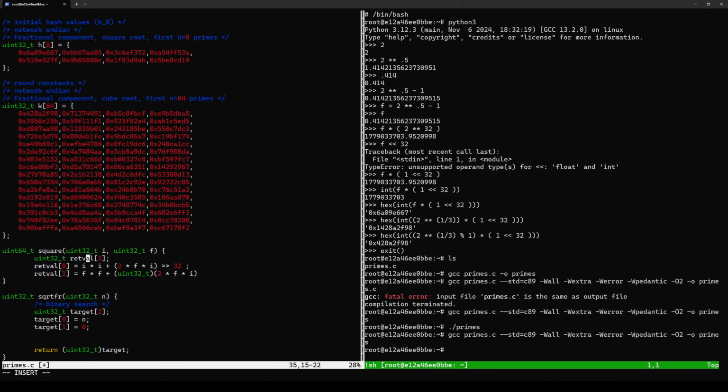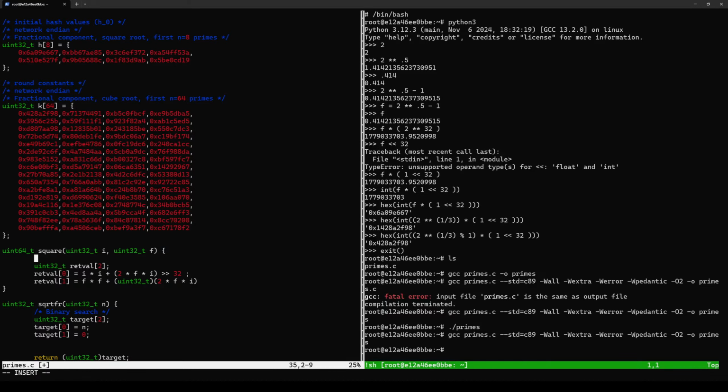One little problem here: the intermediate values are going to have to be 64 bits to be big enough to hold everything. So we'll store everything in 32 bits, but we need our intermediate values to be inside 64.